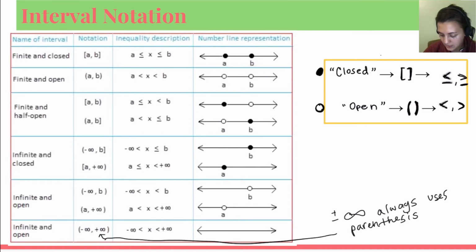Like this. And that's because infinity isn't a real number. It's just kind of like a really, really big number that keeps going and going and going. So it's not a real number.